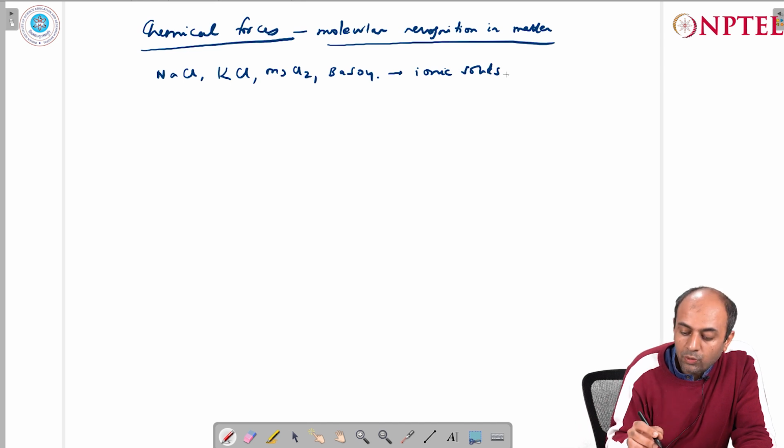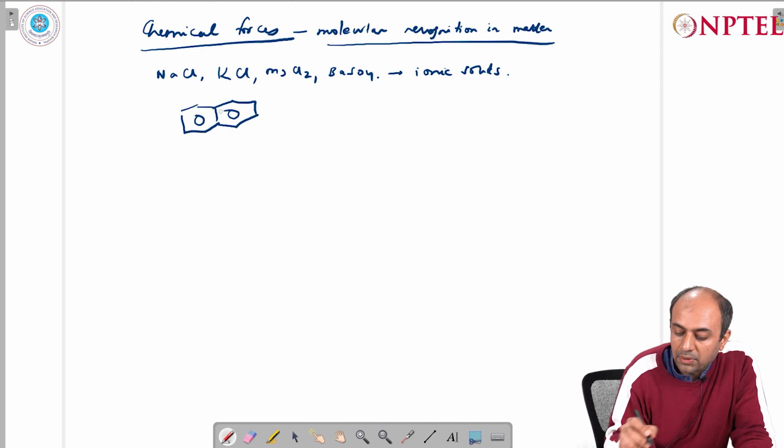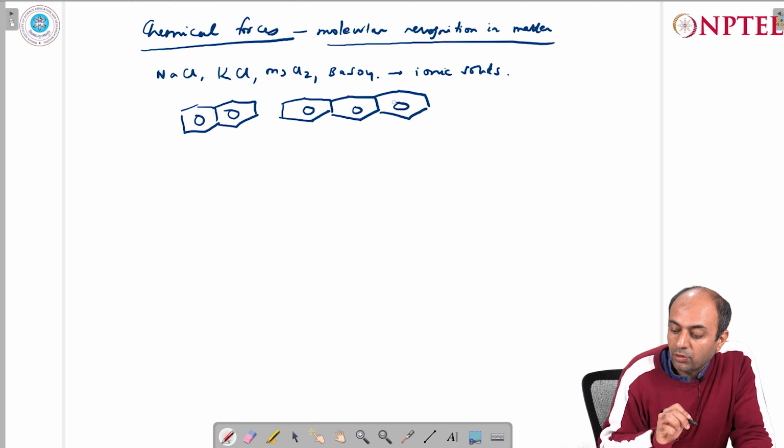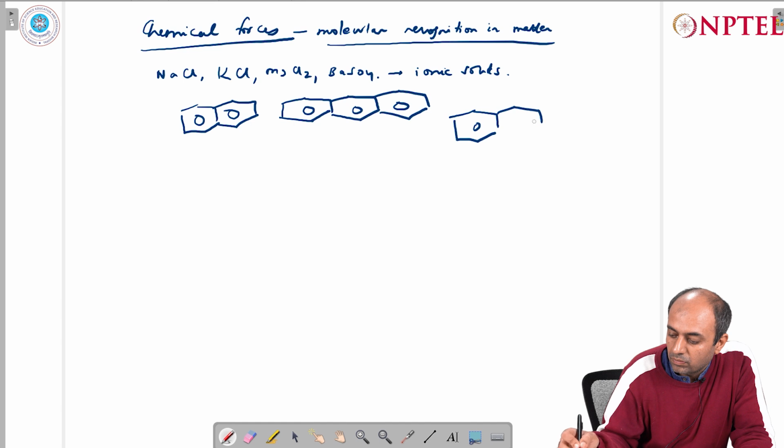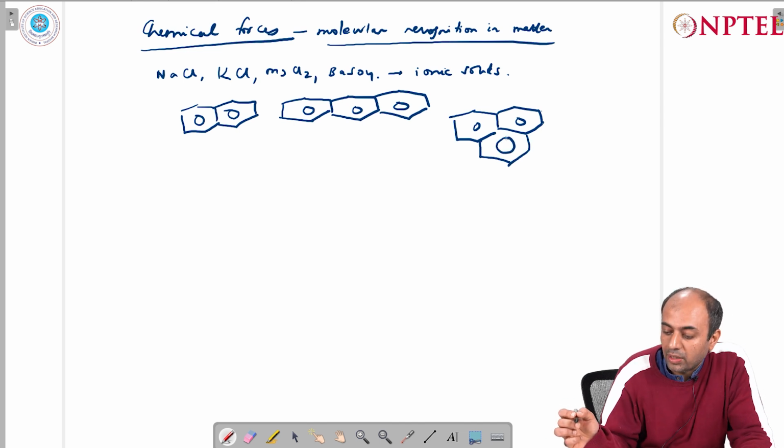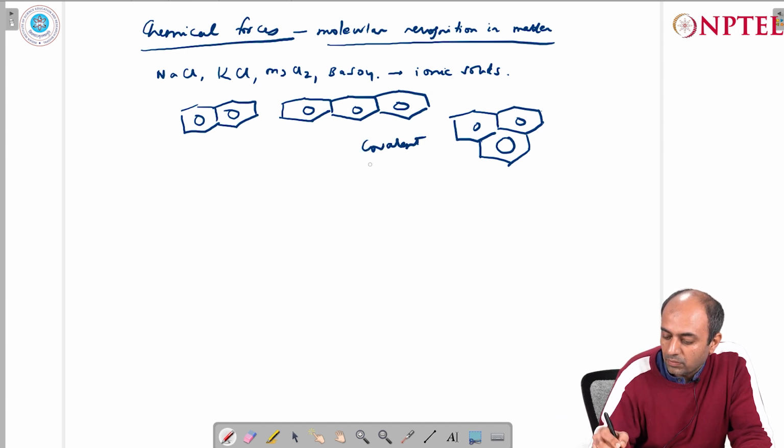Then we have also got covalently bonded solids. For example, we have got naphthalene, we have got anthracene, and even we can form these kind of fused hydrocarbons, and these essentially are covalent in nature.